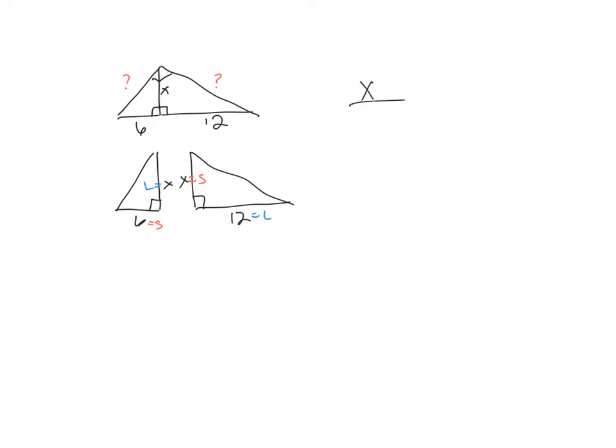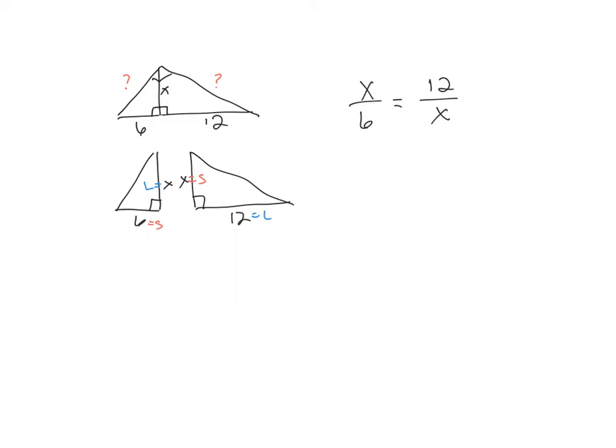So if I start with the one on the left, the X and the 6 are in the same triangle. And then the X is the long side, so the 12 has to go across from the X. And then the two red short ones, the 6 has to go across from the X.